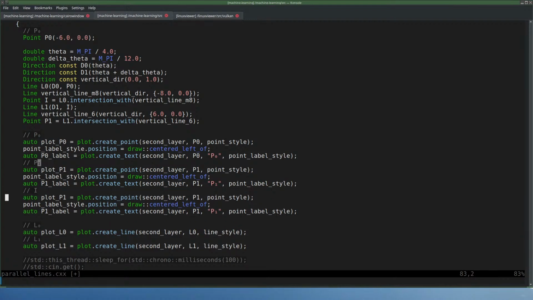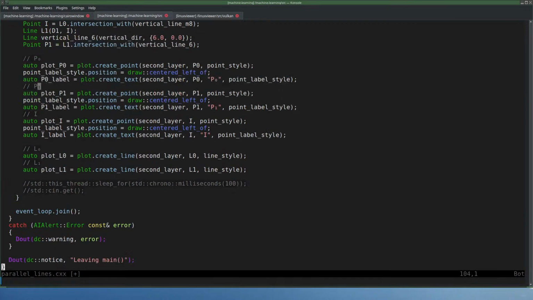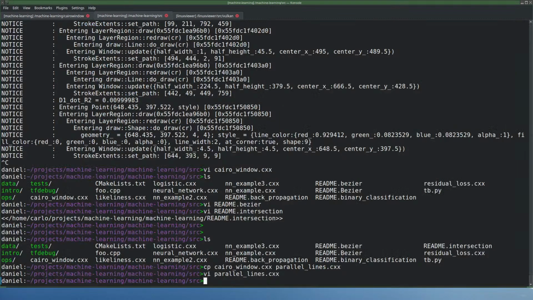Intersection point. No, I want to see it first.